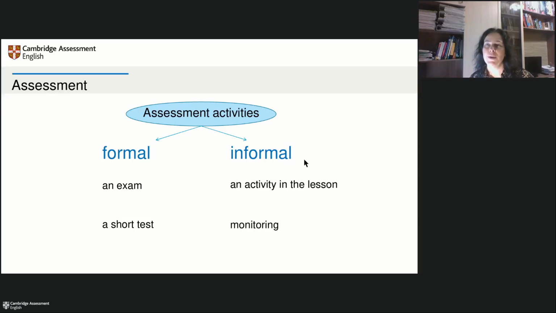Summative is something that we do at the end of the course, at the end of the module, a kind of summary of your students' achievement. And formative is something that you do on an ongoing basis, on a regular basis. Right, so formal and informal. If your students know that they are being assessed, that they are going to take a test, what is happening at the moment, we can call it a short test or an exam, and it is, of course, formal assessment.